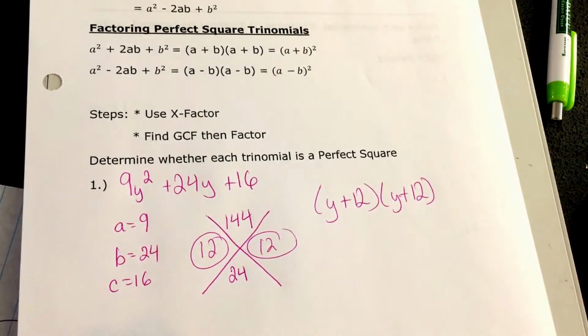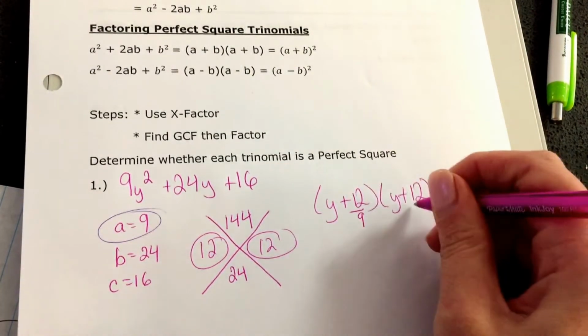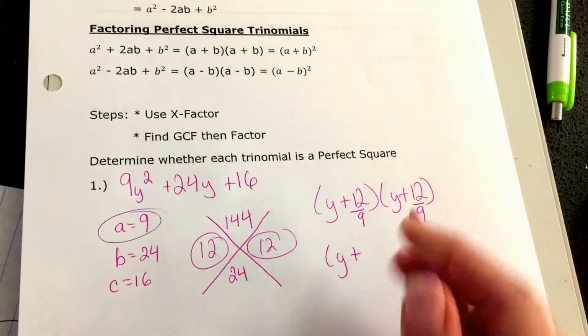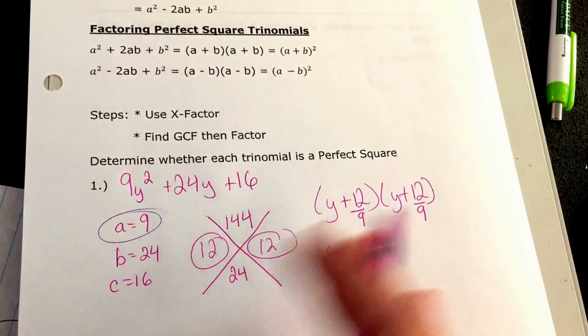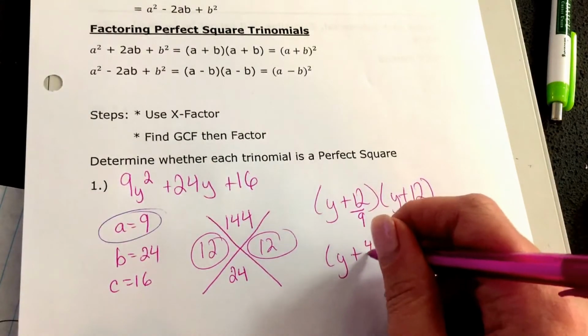What is the very important step you have to do at this point right here? Divide by my a term, right? My a term is 9. So we are going to divide by 9, divide by 9. Do I leave it at 12 over 9 or do I simplify? And what is 12 over 9 simplified? 4 over 3.